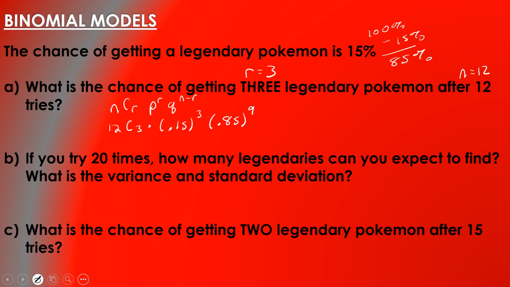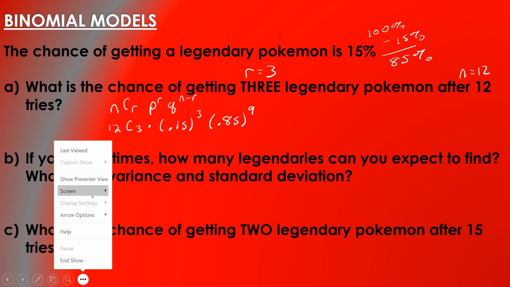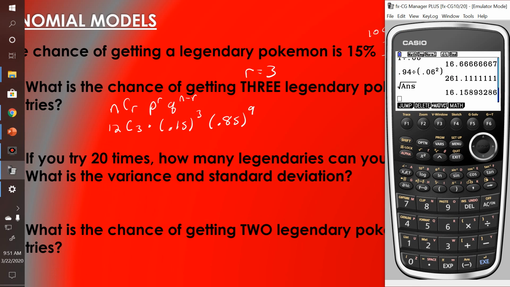So let's go ahead and bring up the calculator. You're going to want to have that probability mode ready to go. So find out where your calculator stores the NPR, NCR kind of stuff. I know that it is under probability on my calculator, and there's my NCR.